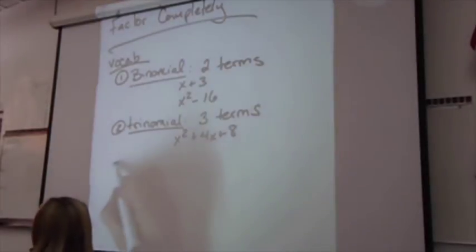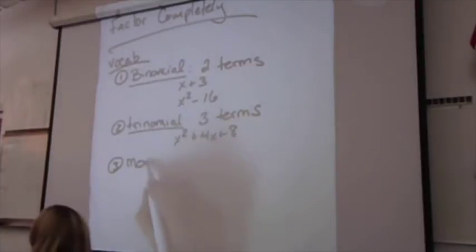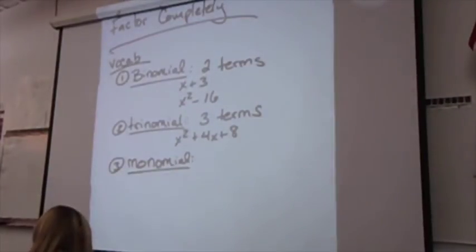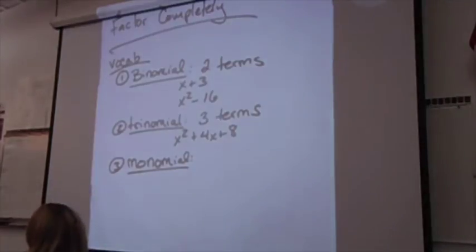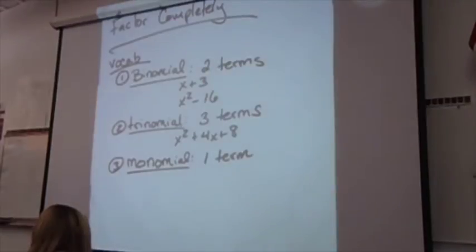And then finally we have our last one, which really we could have done first, but it's not really used a lot, so that's why we stuck it at the bottom. And that's the monomial. That means that I have one term, and those are kind of boring.